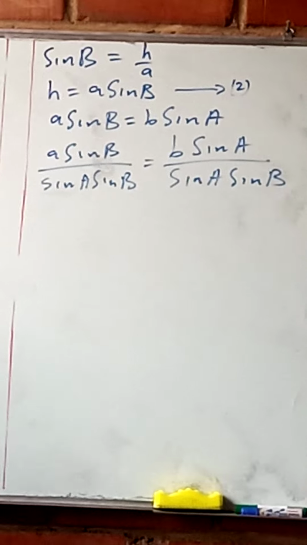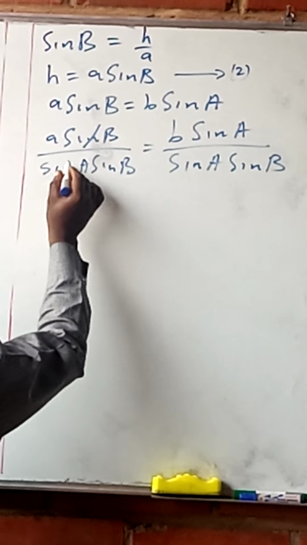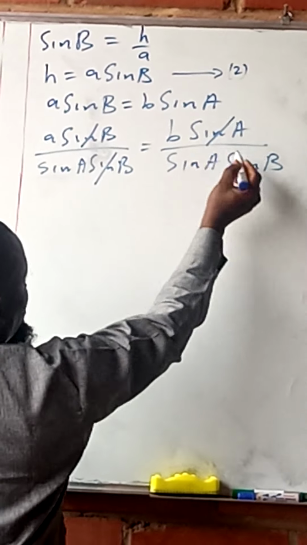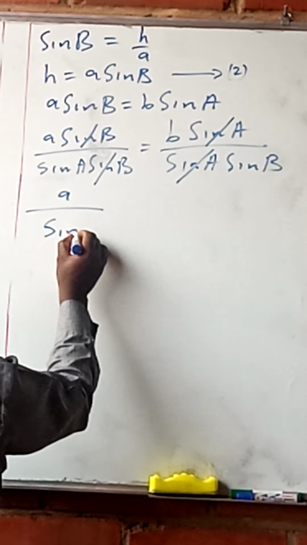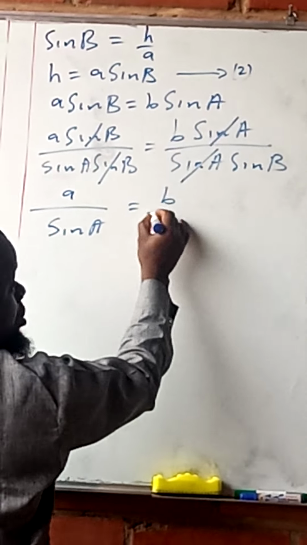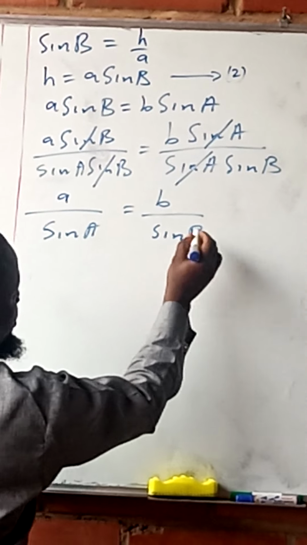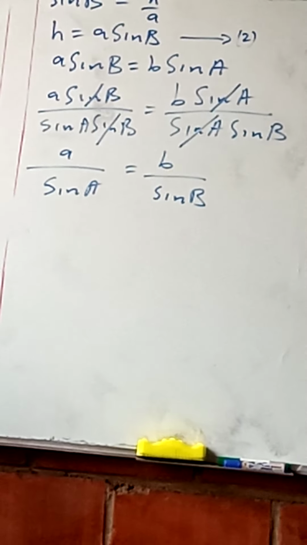When you cross them out, you are left with a over sine A equal to b over sine B. So this is just one dimension.